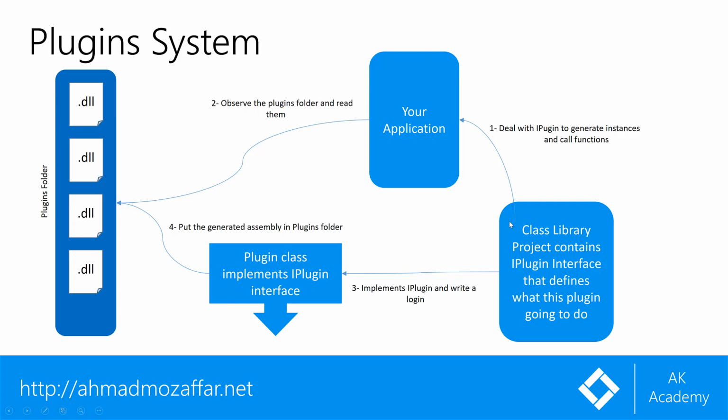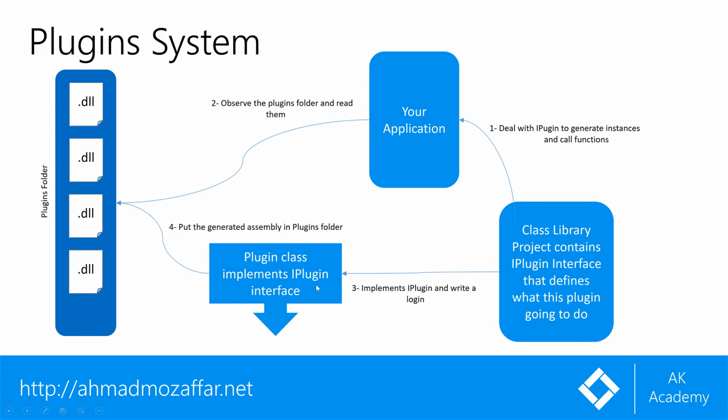This library, you give the generated DLL to developers either via website or send it directly via email, or maybe you can make it available as a NuGet package so other developers can simply download it. They can create class library projects using the SDK you provide them with.